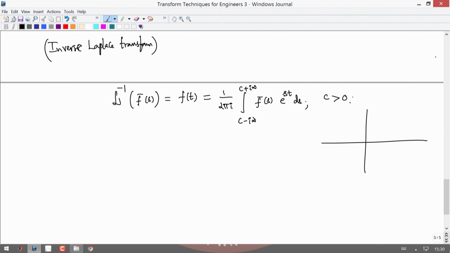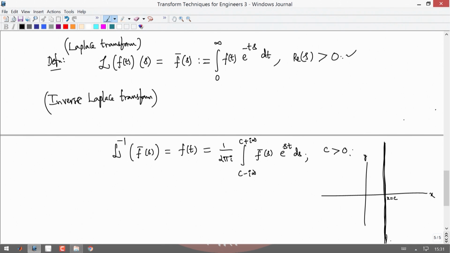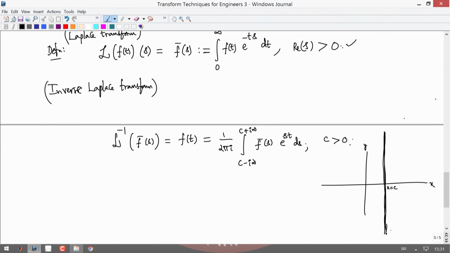If this is your x and y axis, and you take this as your c, x equal to c, your integral is over this line, from c minus infinity to c plus infinity. Okay. Because the real part of s is always positive, it is defined on the positive side. So, here it is well defined because c is positive.